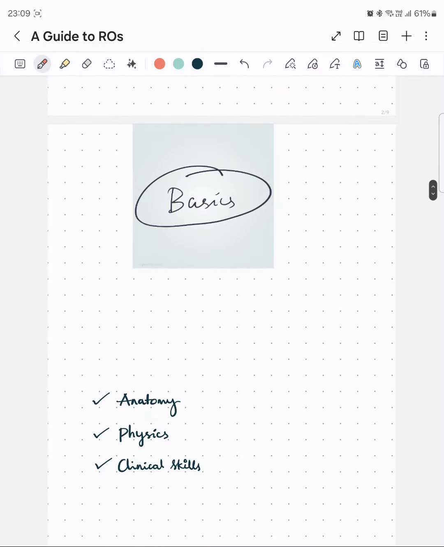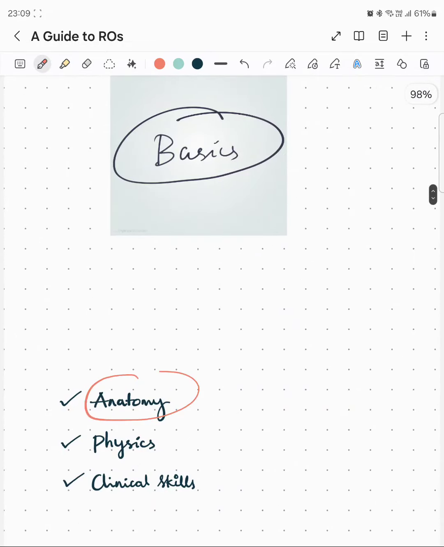And the basics that you can learn: I would like to say that anatomy is very, very important, mainly radiological anatomy, because we contour the OARs, in the sense the organs at risk near the tumor, so that they receive lesser doses.